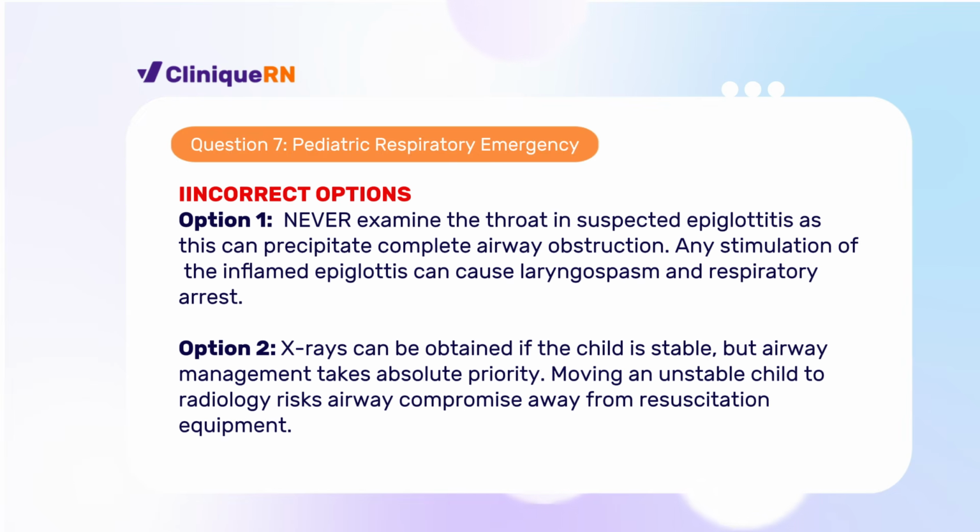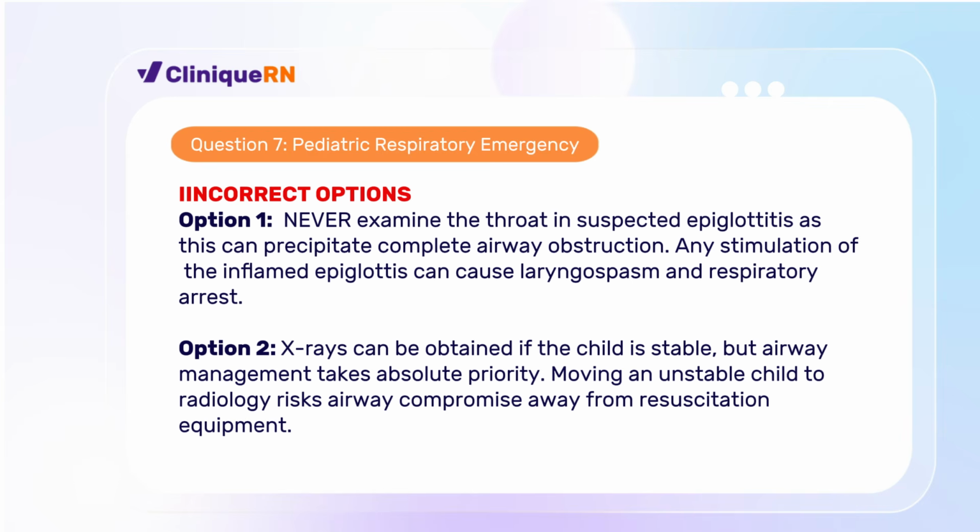Option 1. Never examine the throat in suspected epiglottitis, as this can precipitate complete airway obstruction. Any stimulation of the inflamed epiglottis can cause laryngospasm and respiratory arrest. Option 2. X-rays can be obtained if the child is stable, but airway management takes absolute priority.